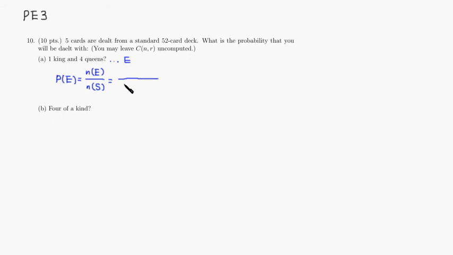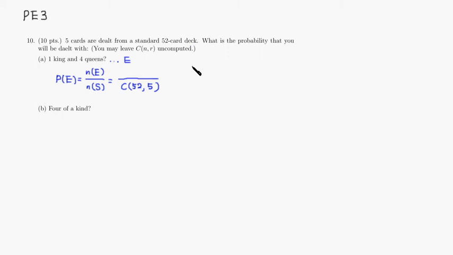So it's going to be a combination. We're choosing from 52 cards, then choosing 5 cards from there. That will tell you the number of possible 5 card hands that we have.